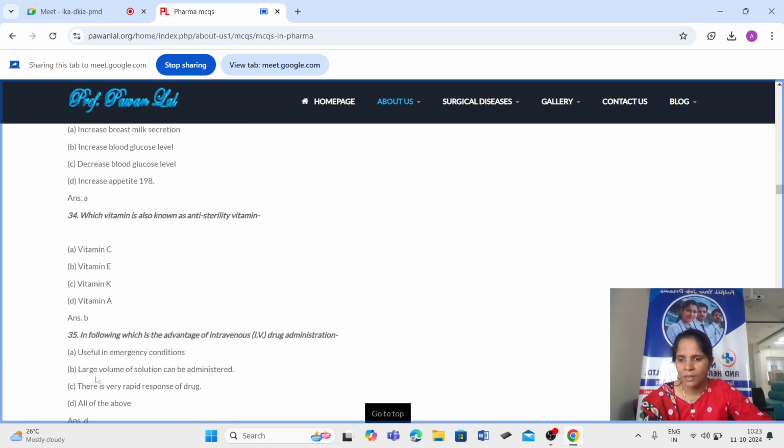Let us see. One, useful in emergency conditions. Emergency in the sense, what if a person has met with an accident and we need an immediate response of the drug, like reduction of pain or some other situations also. In those conditions you can use the IV route. The other thing is large volumes of solutions can be administered.